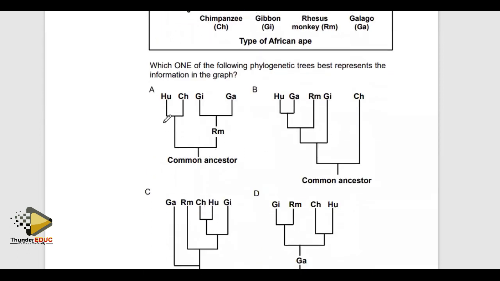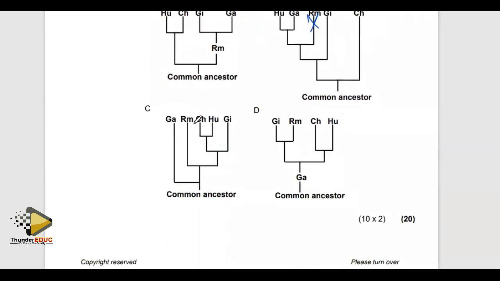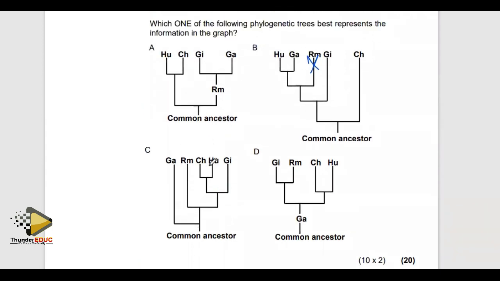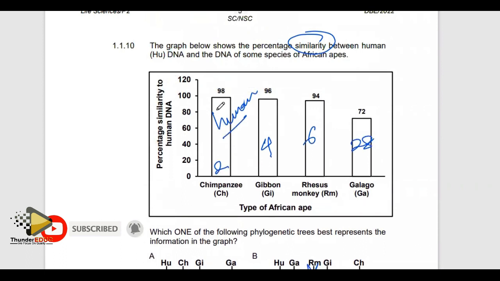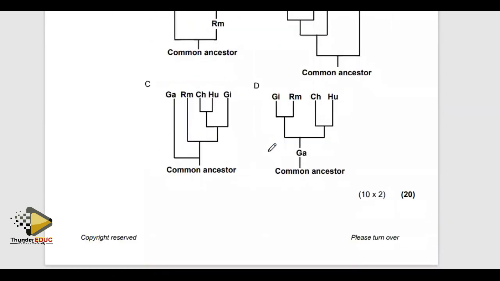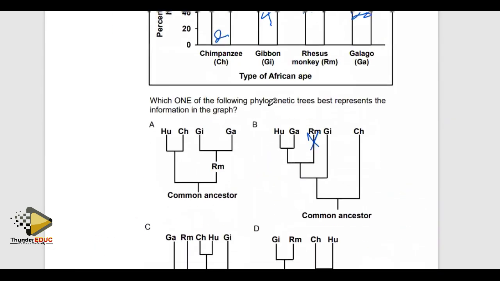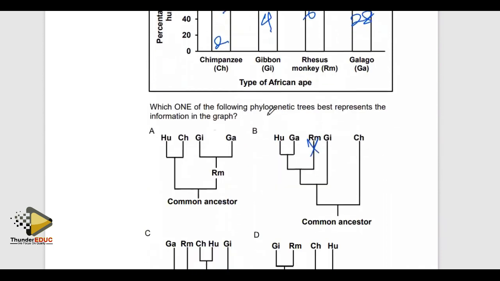Now let's go to human and chimpanzee. Yes, they are a little bit closely related and they are recent. If you look at them here, 2% difference and 4% difference, it means that we diverged recently.